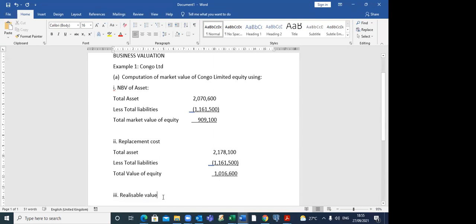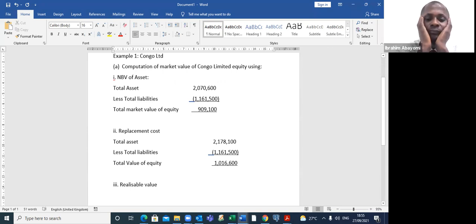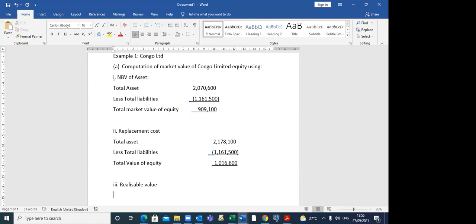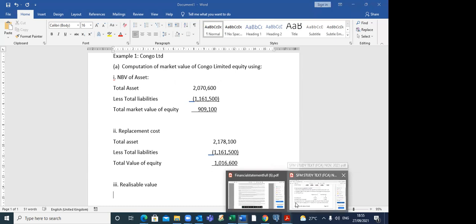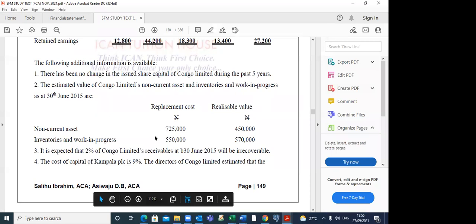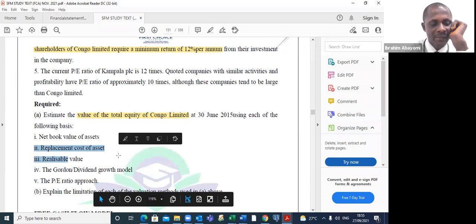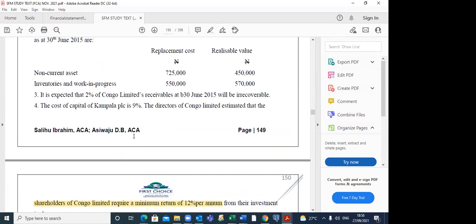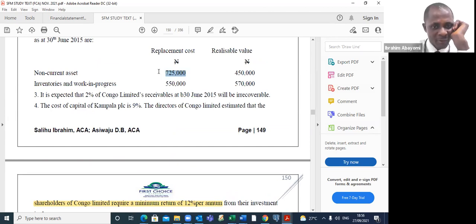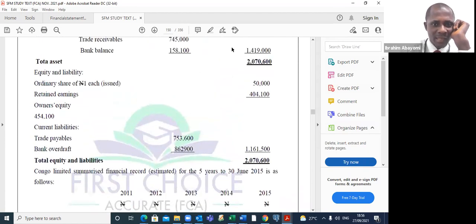What and what did we add? After adding the trade receivable and bank balance, we use the replacement cost, because that's the requirement of the question. We added the non-current asset, but that's the replacement cost of that asset, that's why we did not use this one.